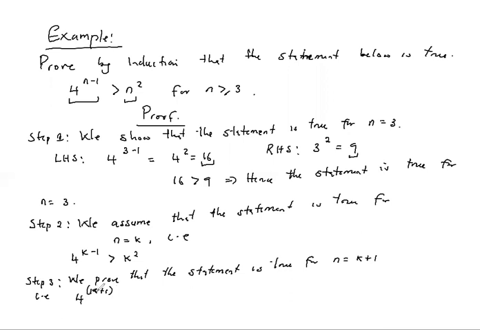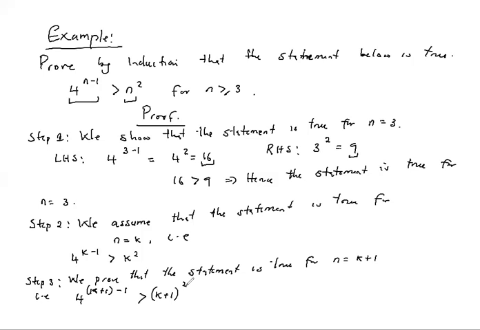We substitute directly now. Minus 1 should be greater than what? Than (k plus 1) squared. That's what we want to show now. Provided k is greater or equal to 3.